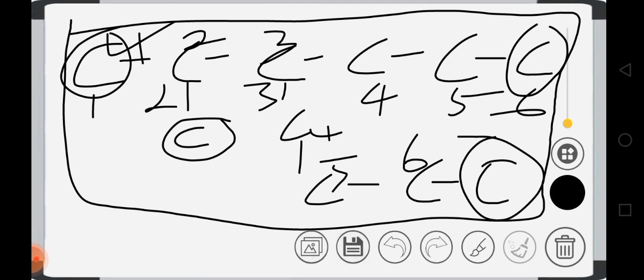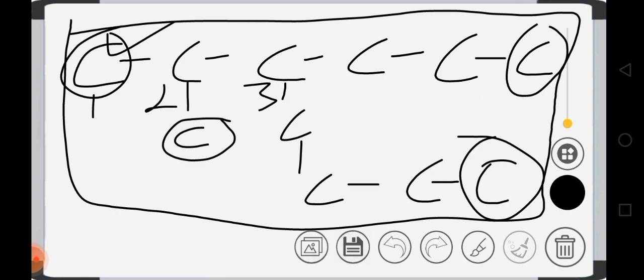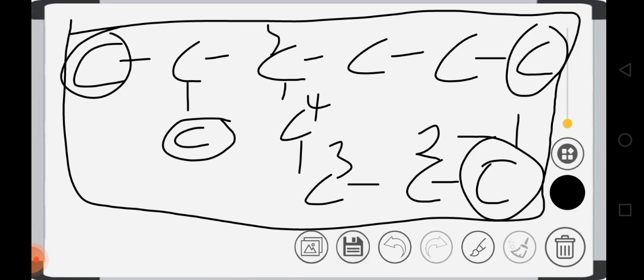I can even decide to count it this way. Let's go this way: 1, 2, 3, 4, 5, 6, 7, 8. You see, this one is giving me 8.